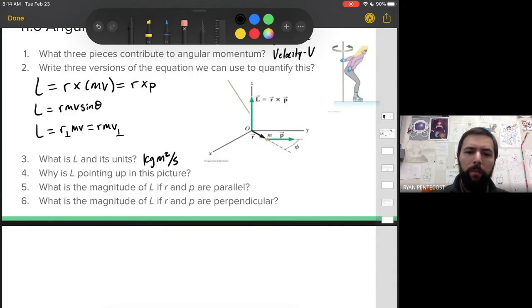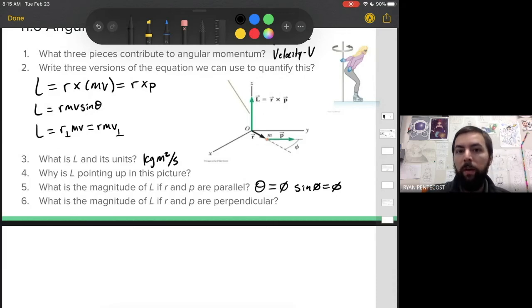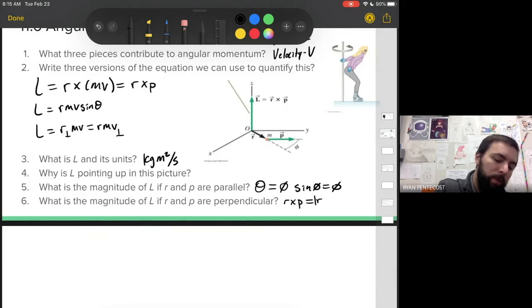All right, now what is the magnitude of L if R and P are parallel, right? So that means that your theta would equal 0 and sine of 0 equals 0, right? So if they are parallel, then you are going to have no angular momentum. However, if your R and P are perpendicular, okay, right? If you have R cross P and they are perpendicular, that is just the absolute value of R times the absolute value of P. You can just multiply them straight through, right?